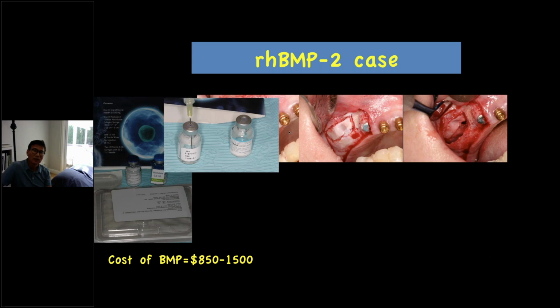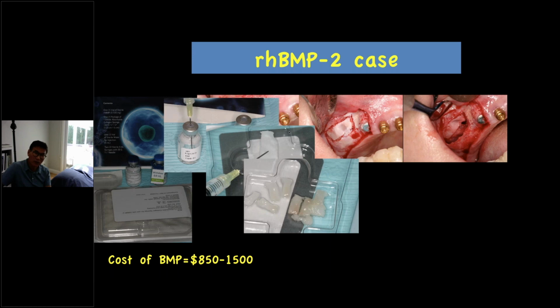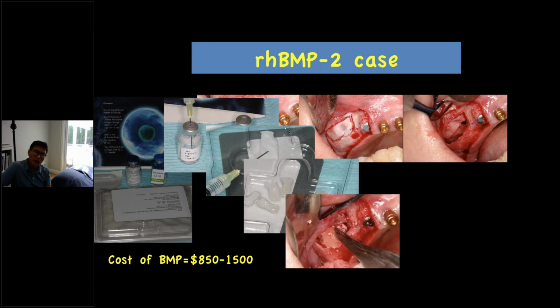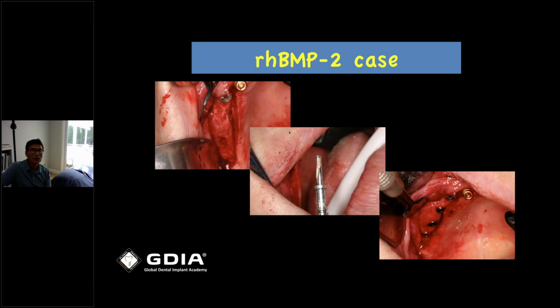Since the carrier for BMP is a protein in liquid form, you mix it and have to carry all the BMP protein somehow. So I used a collagen tape, soaked it, and covered it with BIOS with contouring.